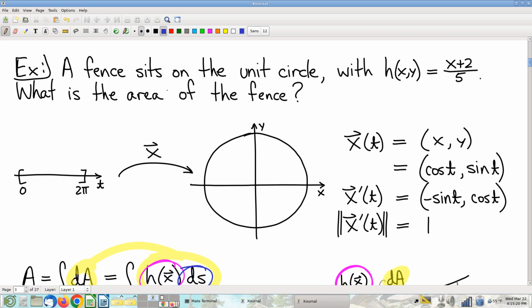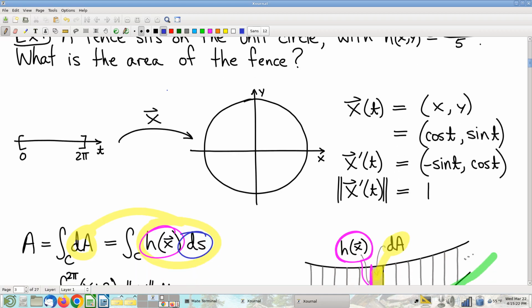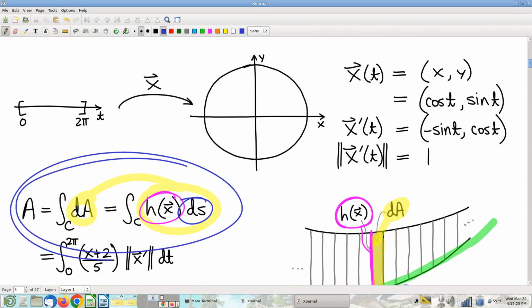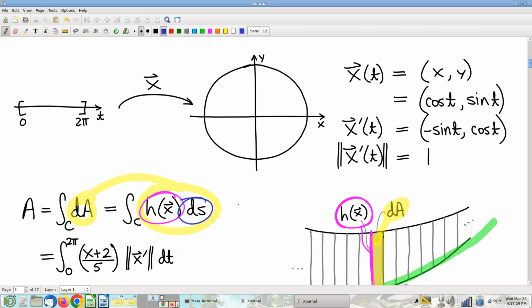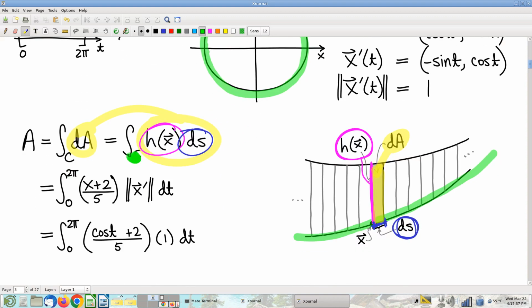So what we've got here is an integral. So here's the development of my integral here. And this is an integral that's happening over the property line, which is a curve. So for each piece of curve down here, I compute the area of the fence that's above that little piece of curve.